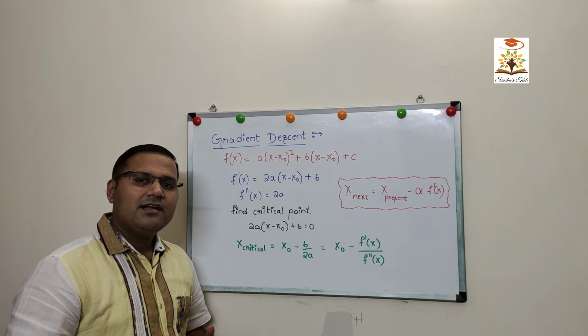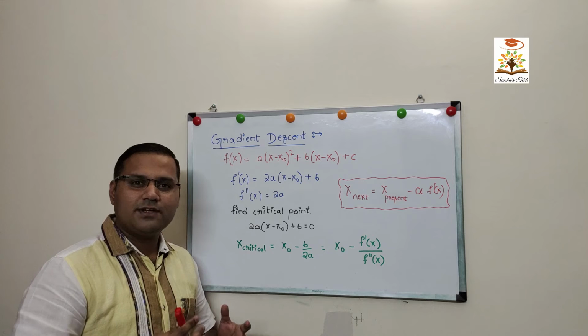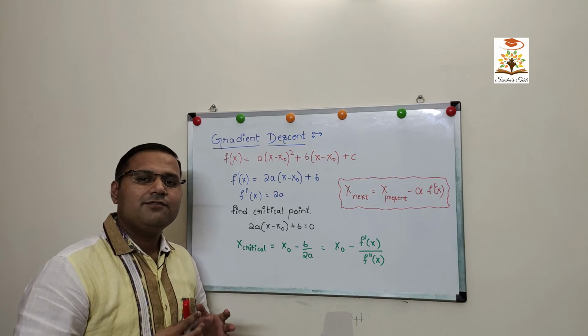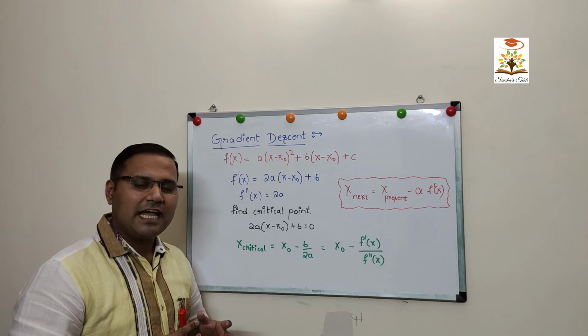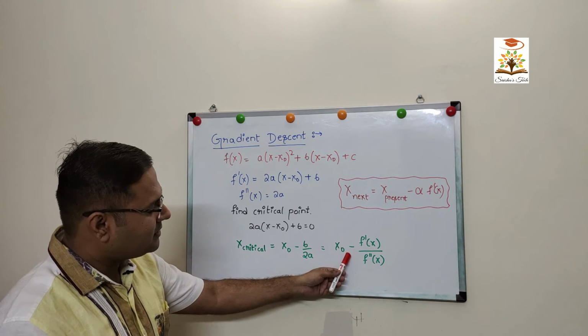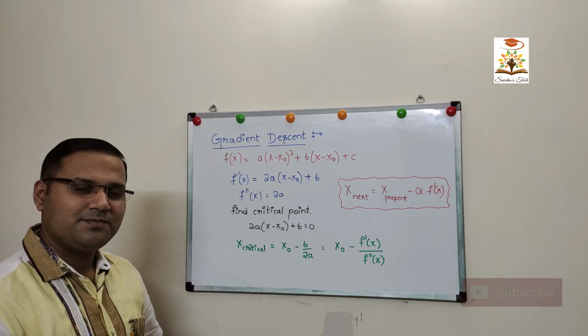Here, critical point means the minima or the maxima of the function. In our current scenario, we are finding the minima of the function, which can be represented as x0 minus first derivative divided by second derivative.